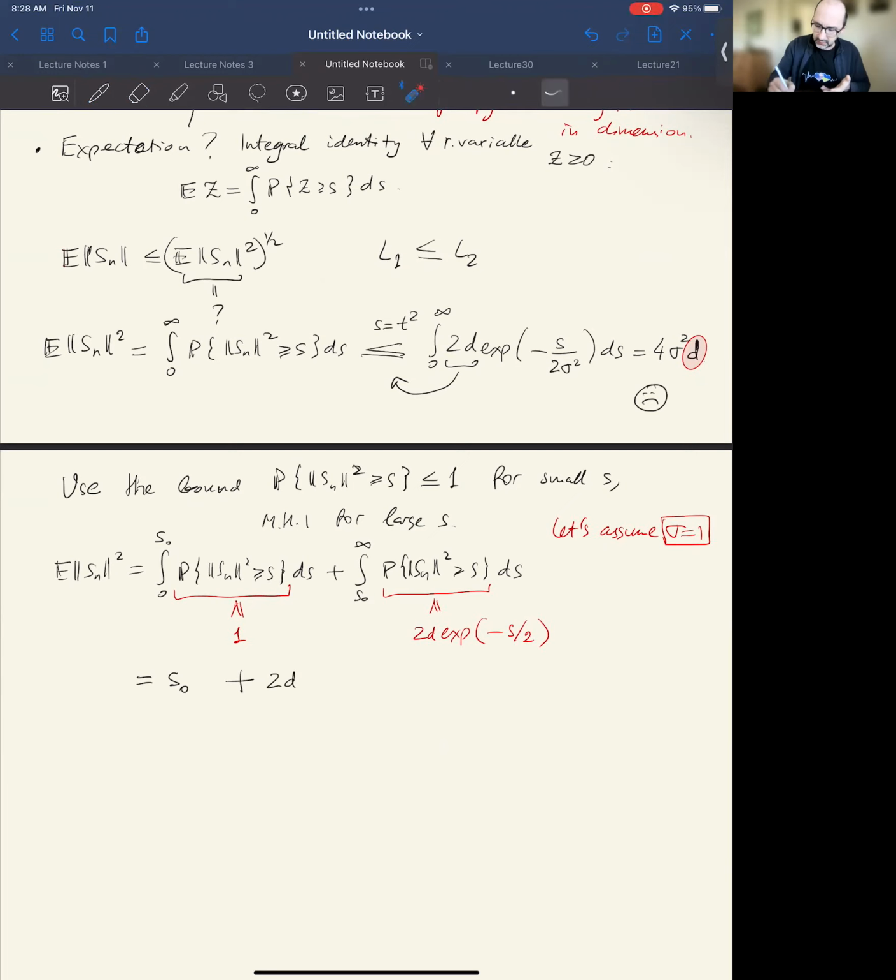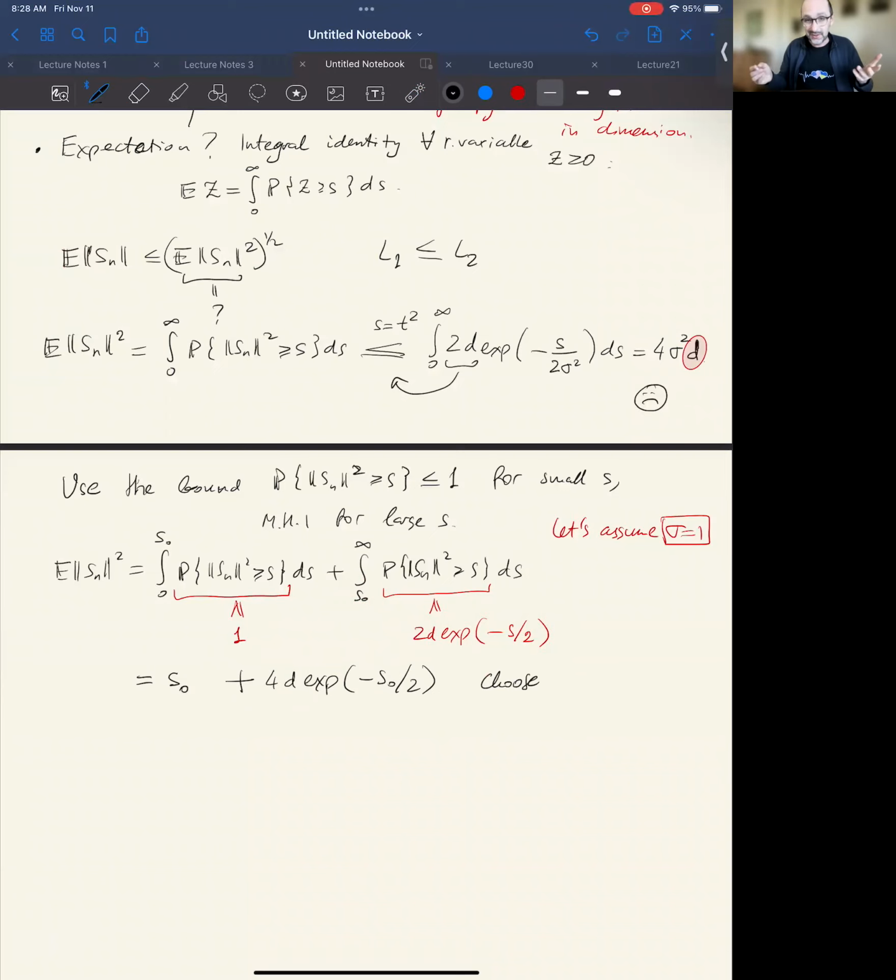Yeah, let's just think. If we integrate this, we get this. I think we get 4d e to the minus S0 over 2.